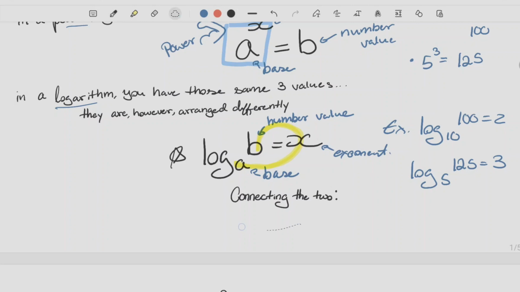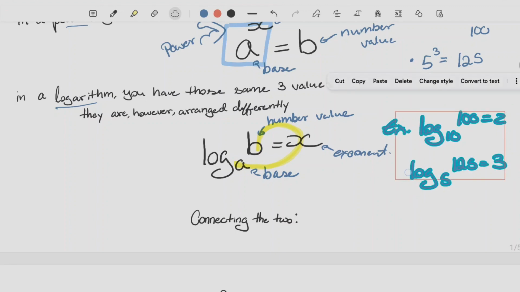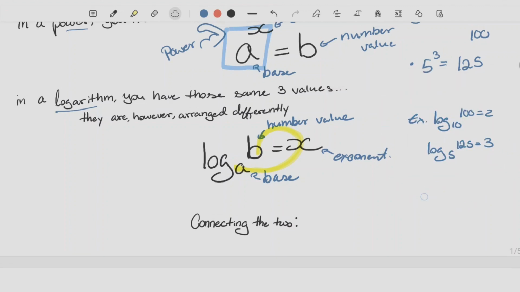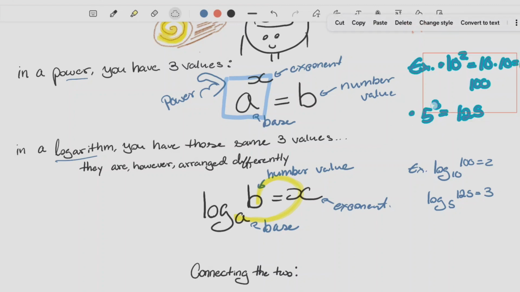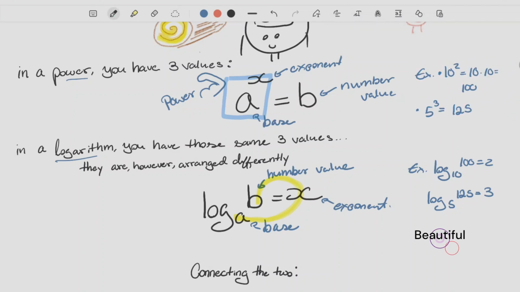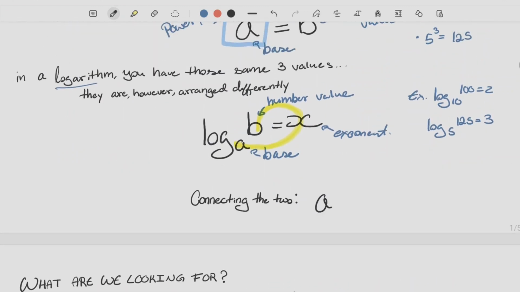But let's write this out a little bit differently. And let's make this a little bit prettier and less messy. A raised to log base a of b equals b.